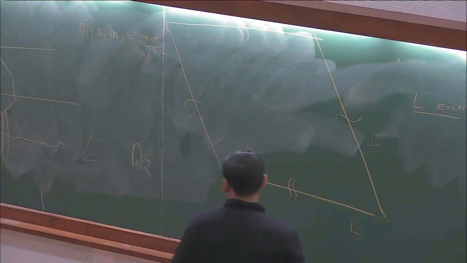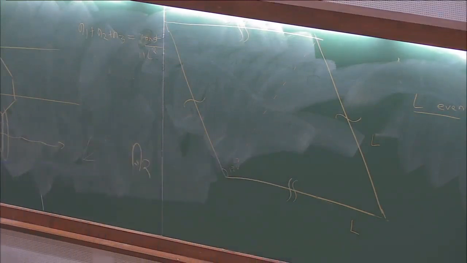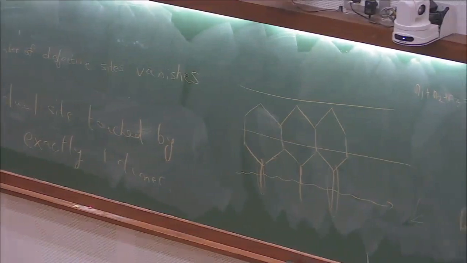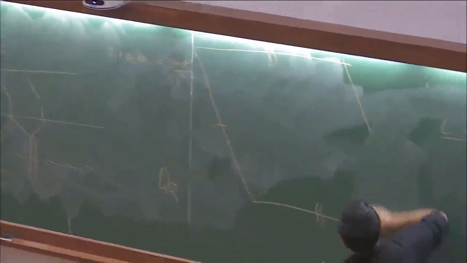Now we want to think in terms of configurations of this dimer model to ask what's happening to the Ising spin. That's the ultimate goal. This seems like a very long-winded way to do it, but you will see that it has some advantage.